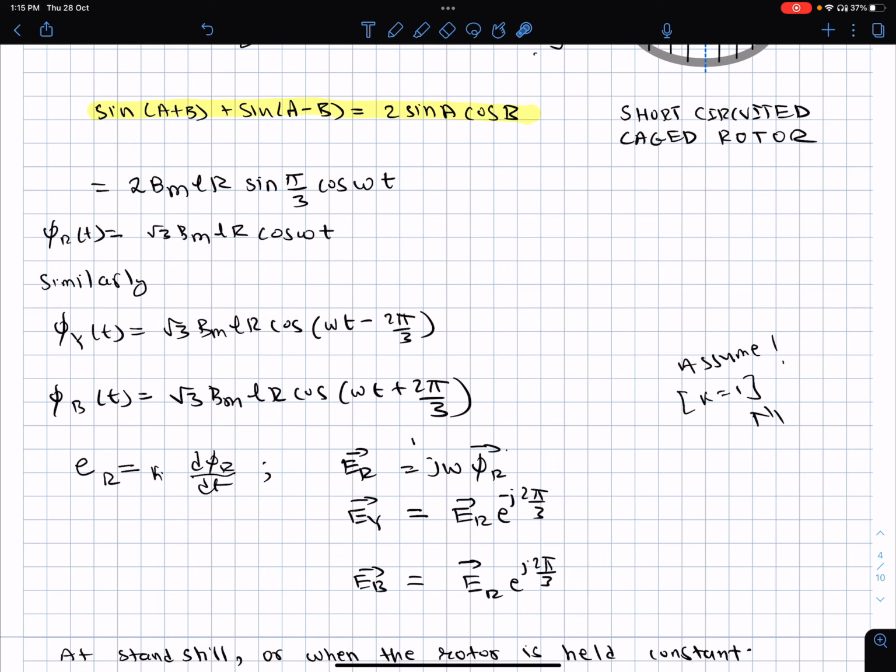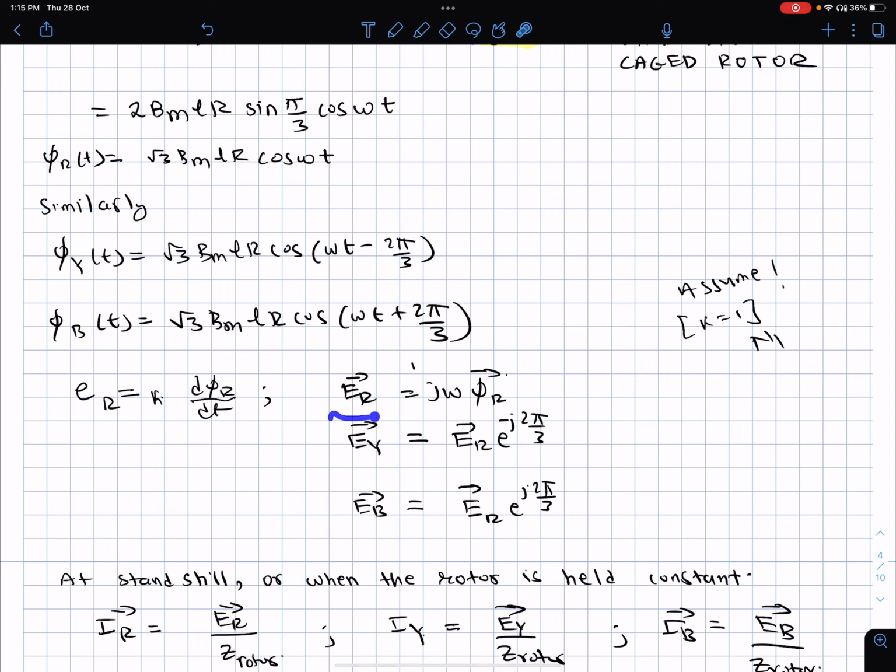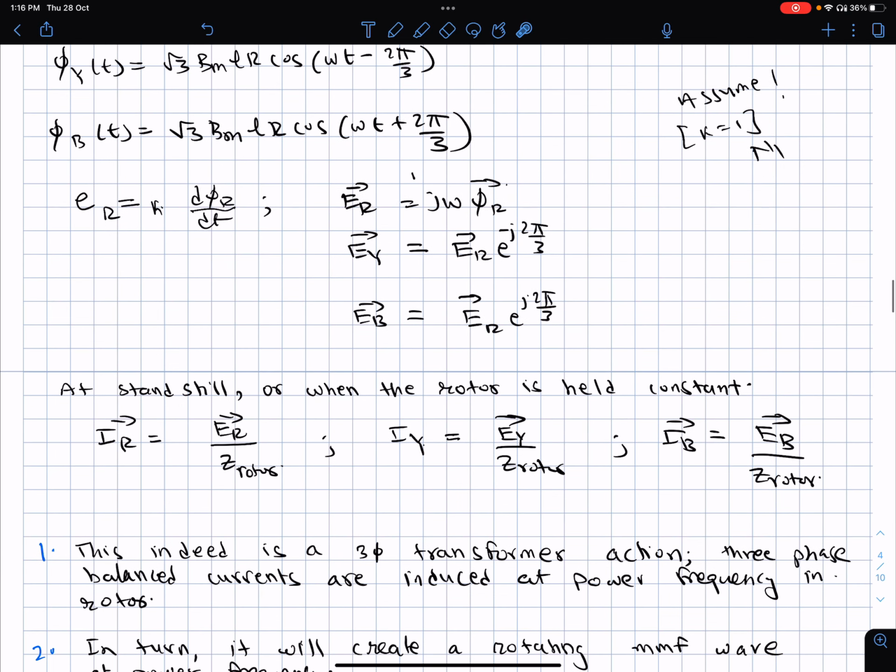And as discussed earlier, for this, the d by dt operator can just be replaced by j omega, and therefore we get the induced waveform associated with the R phase, which is going to be sinusoidal in type. Now, the induced EMF in the Y phase will also be sinusoidal, but it will lag by 120 degrees, and the induced EMF in the B phase will also be sinusoidal, but will lead by 120 degrees.